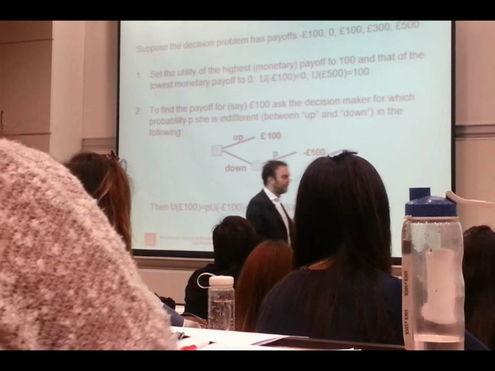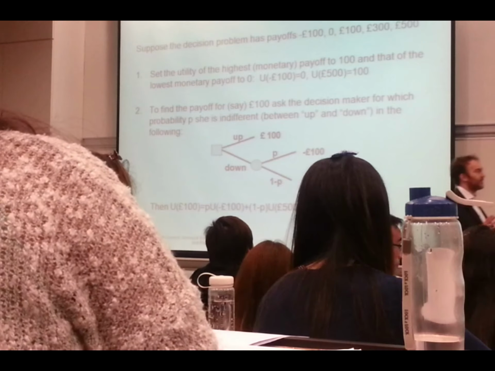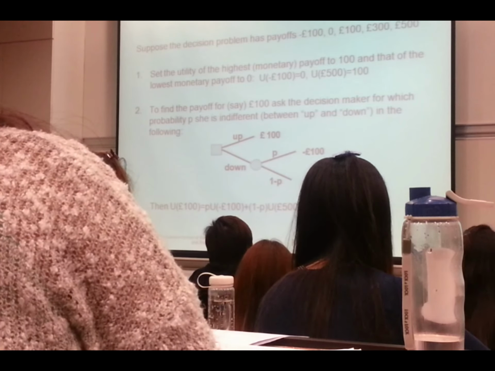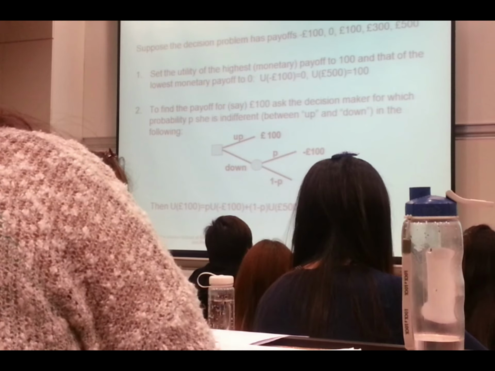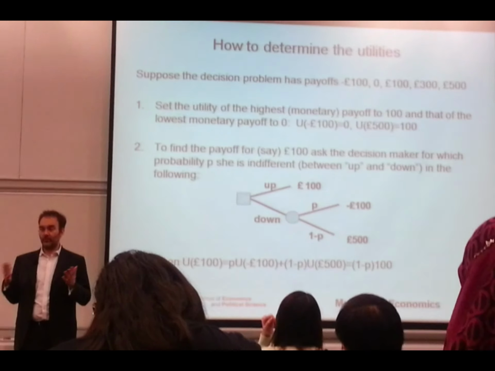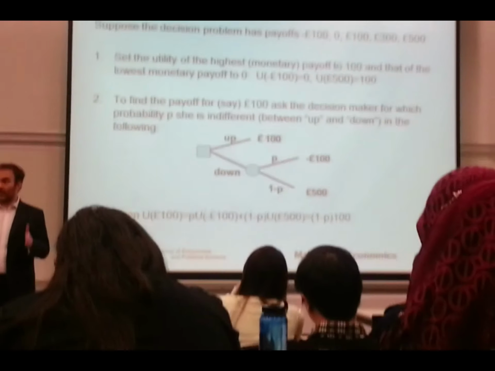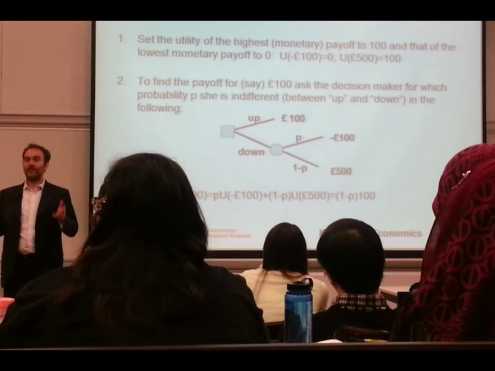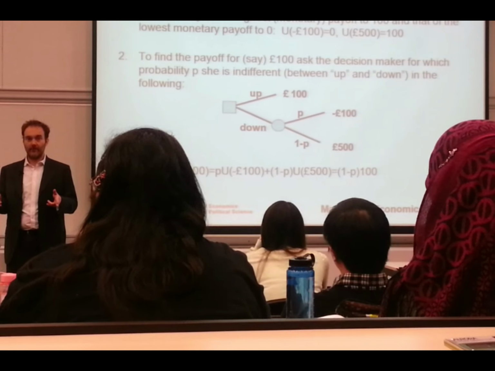What's important on this slide is this concept of indifference. Whenever we see indifference, whenever we see I don't care between one option or the other, it means that I can take the two utilities and set them equal.